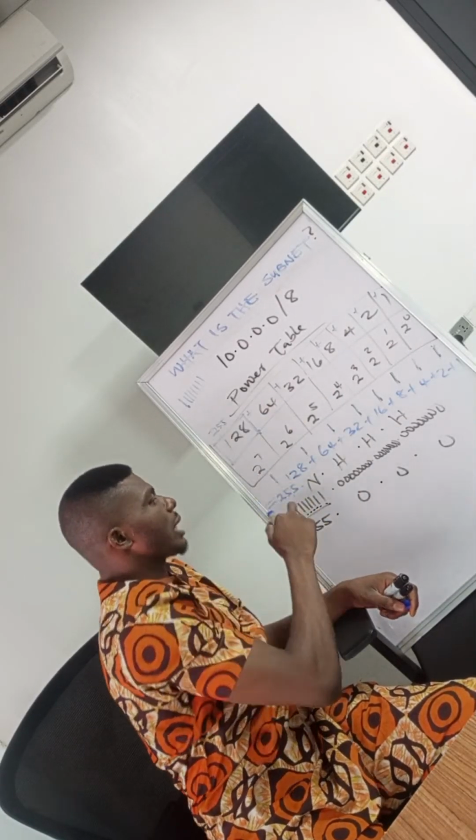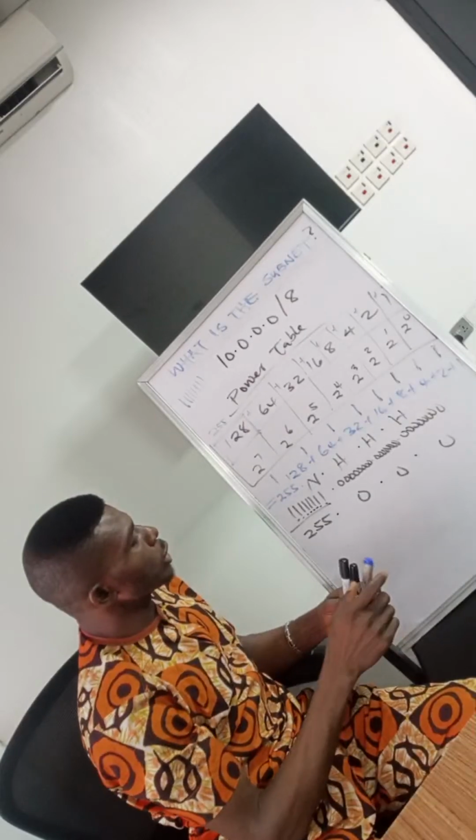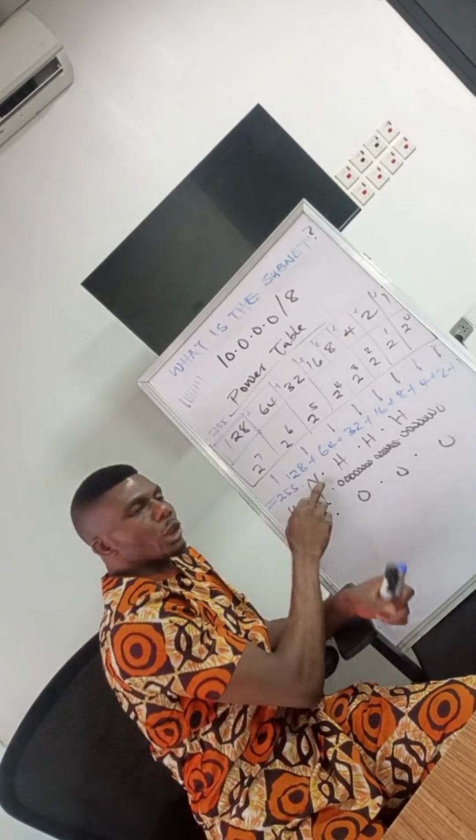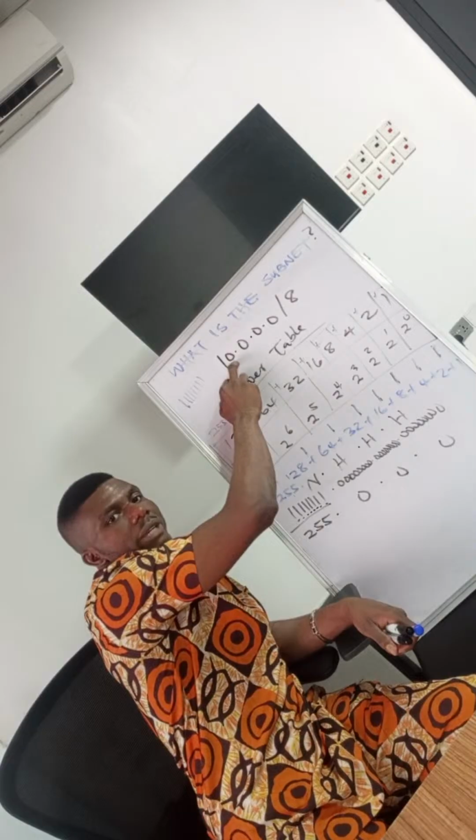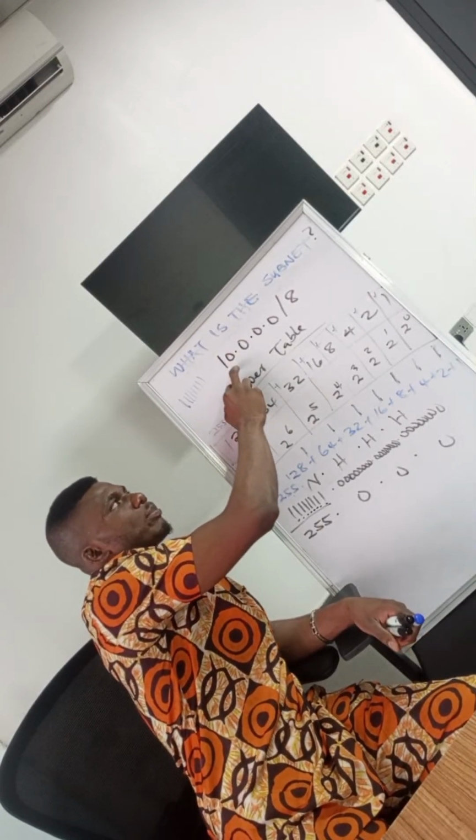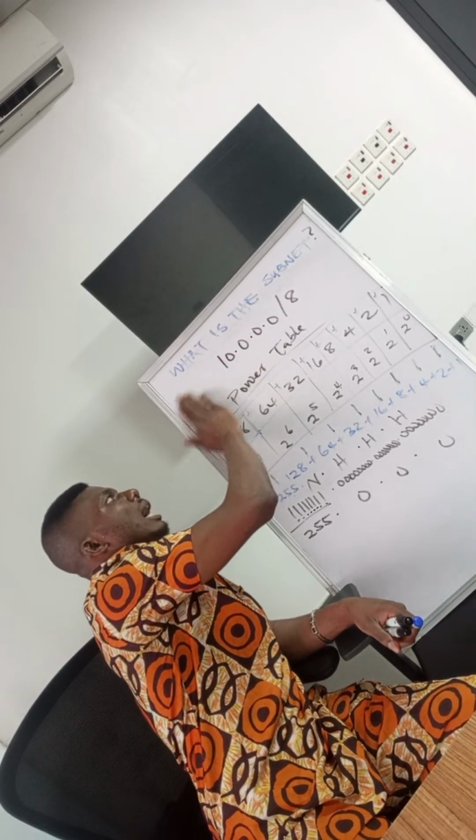Now, you also need to understand the network notation of the class of the IP given above. This IP belongs to class A. How do you know that?